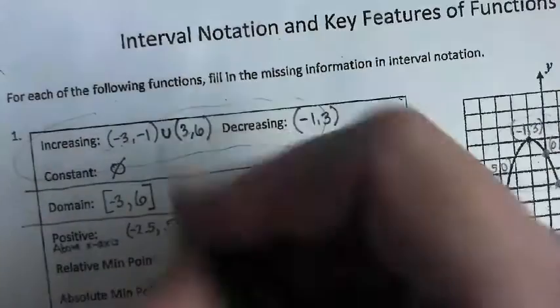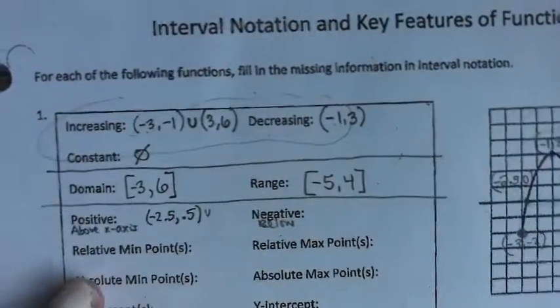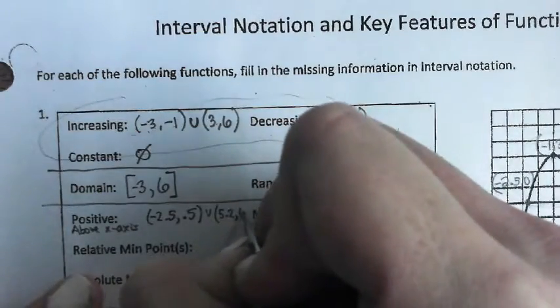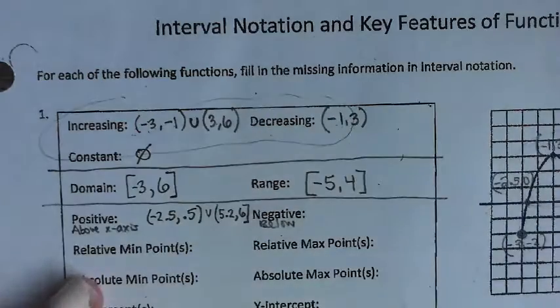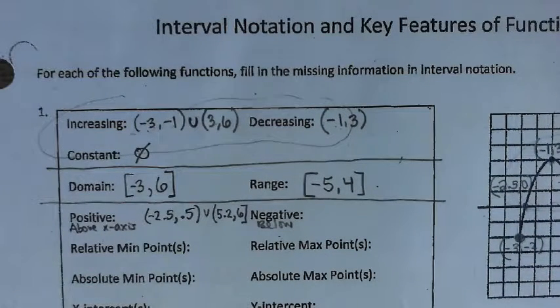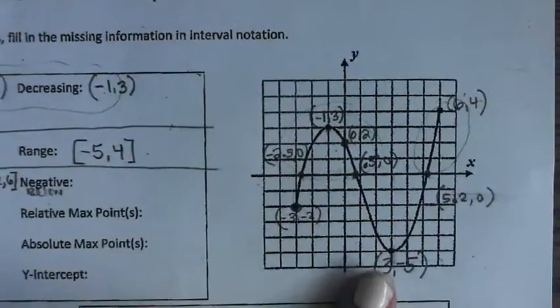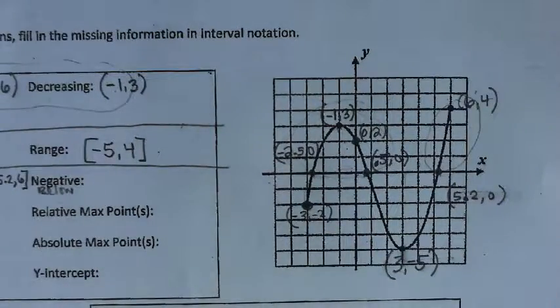From 5.2, I'm using that little union symbol again, from 5.2 to 6 with a bracket. Does that make sense? Okay? Evan, can you tell me at least one interval where this is negative?